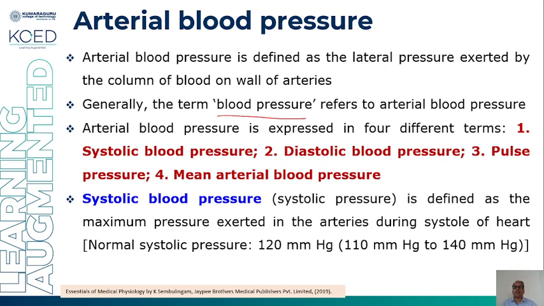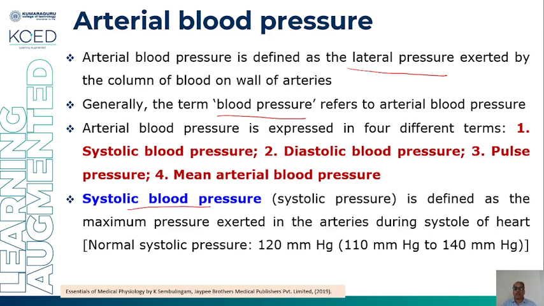Arterial blood pressure means the lateral pressure exerted by the endothelial cell wall of arteries, maybe small arteries, large arteries, particularly very big arteries, the largest arteries like aorta. It has been divided into four types: systolic blood pressure, diastolic blood pressure, pulse pressure, and mean arterial pressure. We will see one by one.